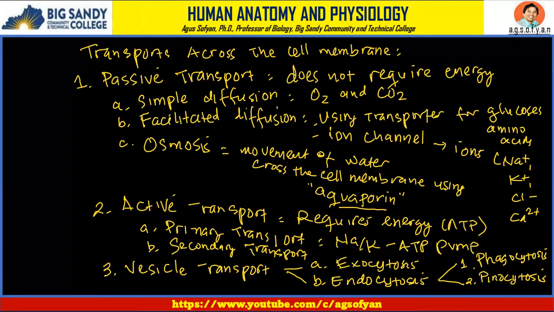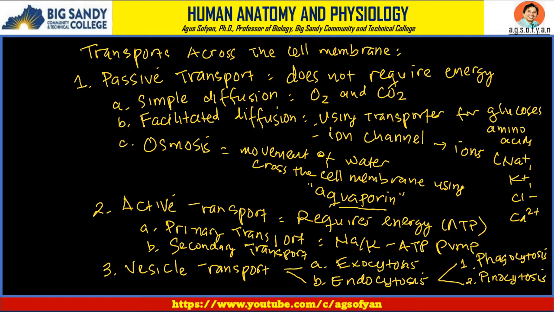Facilitated diffusion is used by bigger molecules like glucose and amino acids, which use a transporter. Another facilitated diffusion is used by ions, using ion channels. Osmosis is the special movement of water across the cell membrane using aquaporins.